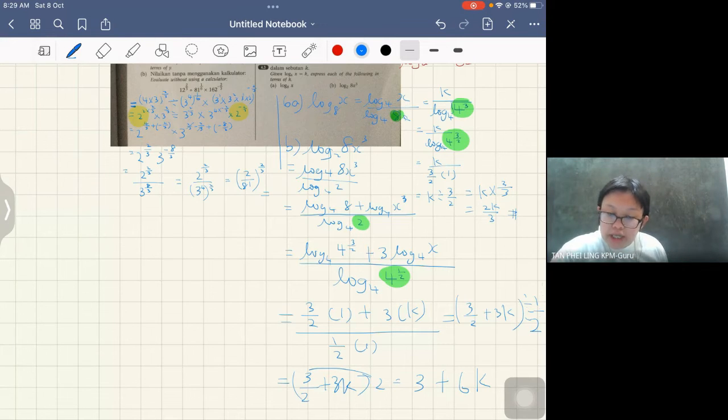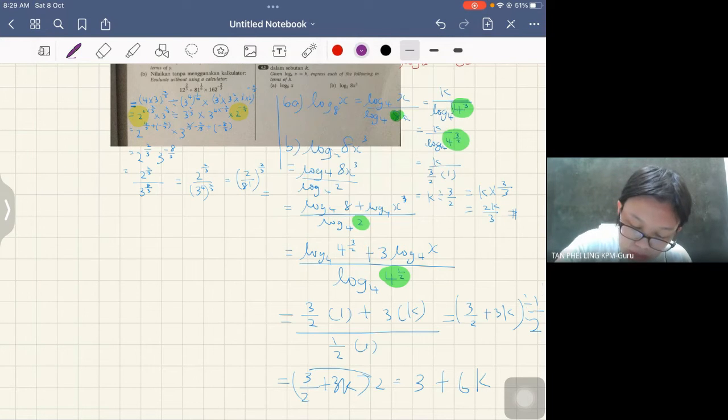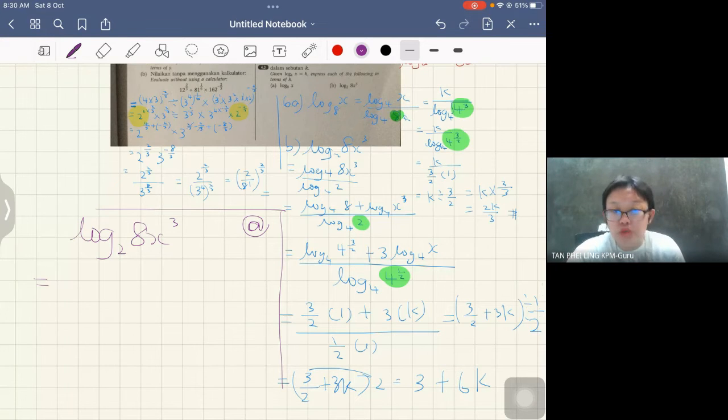All right, I do realize that actually there is a shorter way. I just realized it. I will do it here with a purple color pen as an alternative. Why do I say that it is an alternative? Because I just realized that my 2 and my 8 can be easier to solve, because 8 is actually 2 to the power 3 in base 2.